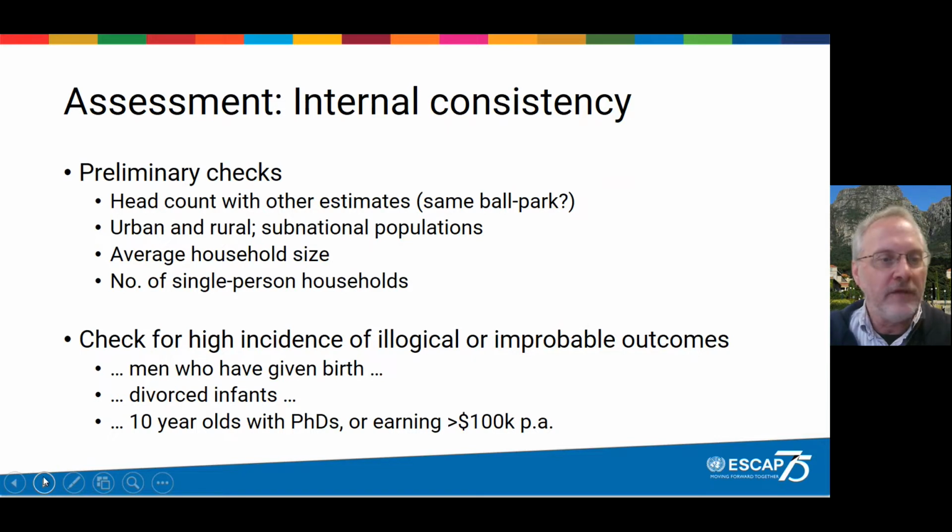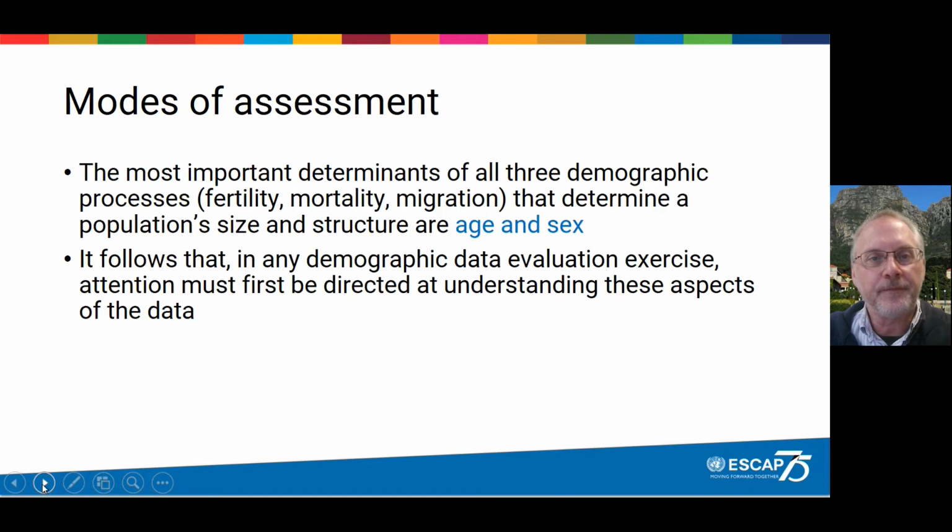You'd want to make sure that, for example, there are no large numbers of men reporting to have given birth, or infants who claim that their marital status is divorced, 10-year-olds claiming to have a PhD or tertiary education, or young children earning more than a very large sum of money per annum. And those kinds of checks are internal checks to say, is the data which one's working with likely to have collected information which is logical and probable in the context in which you're looking?